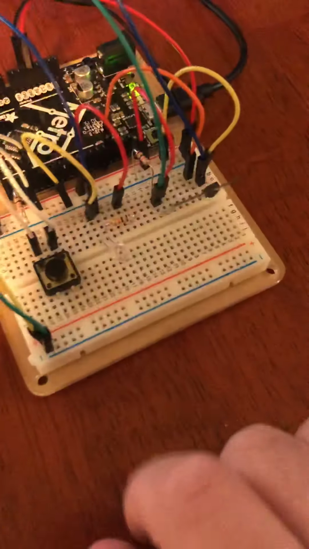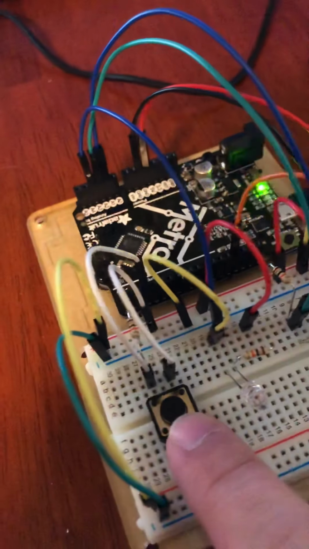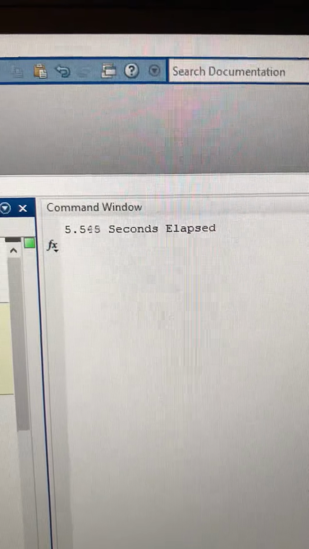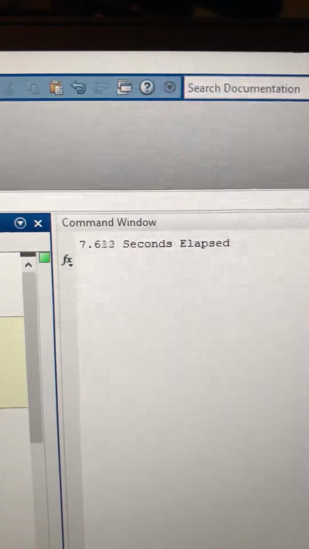As we can see, if I press and hold the button, I need to start it first. Okay, now if I press and hold the button to switch between each one of these three sensors, I have something that tells me how many seconds has elapsed, so I can judge which one I want.